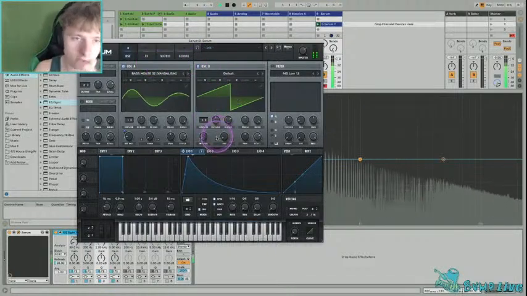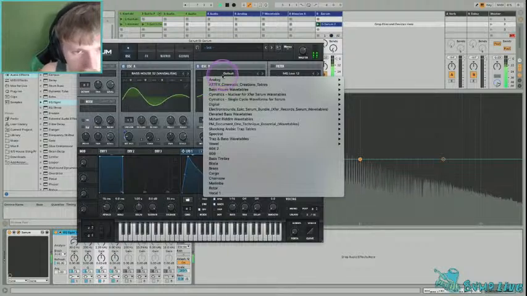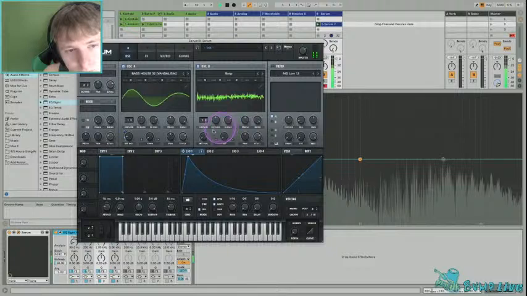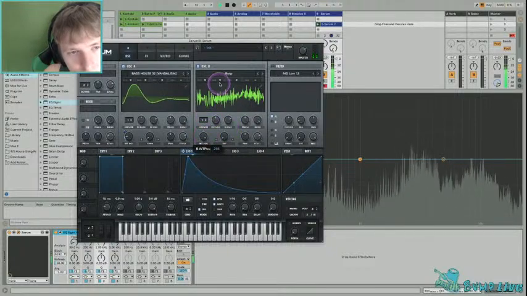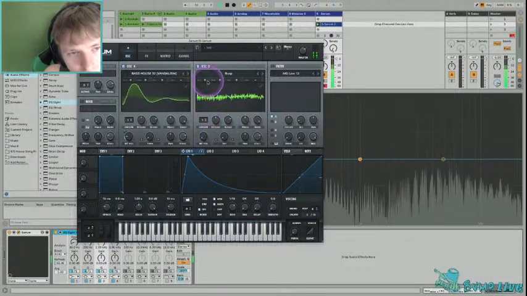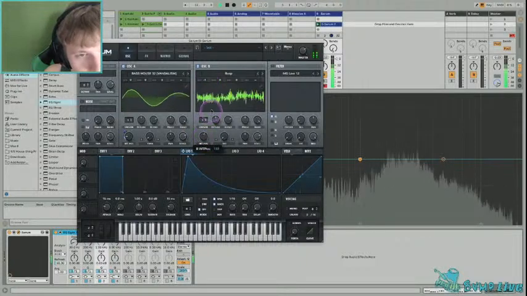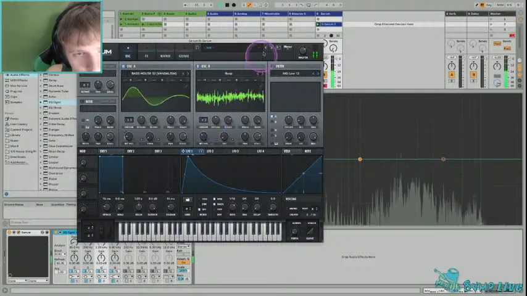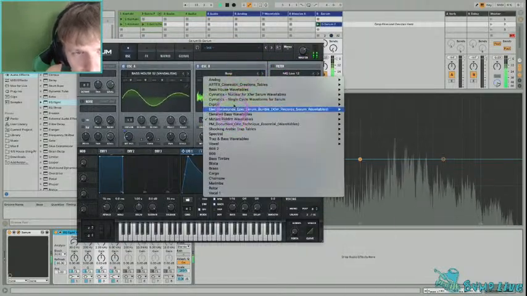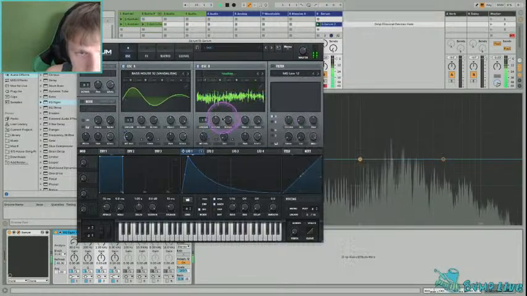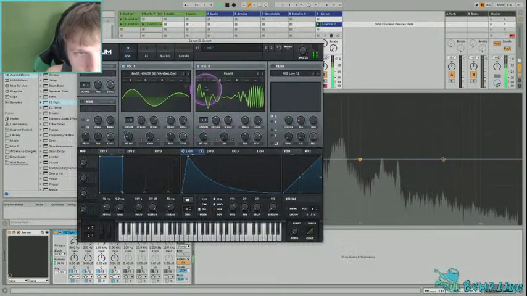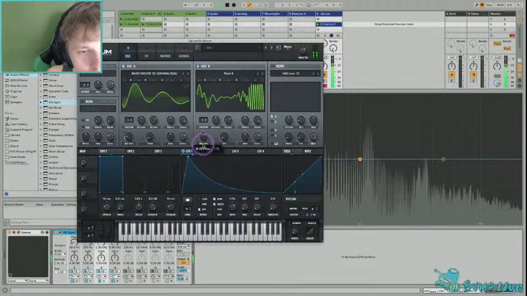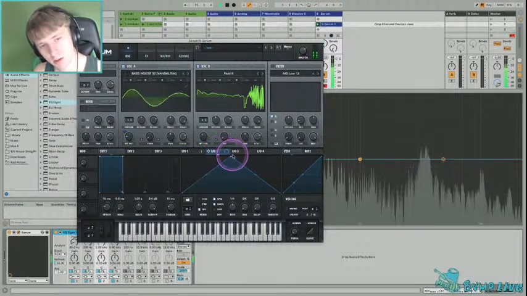I'll maybe lower it with another one, or combine it with another oscillator. It's too rough. Ooh, that's nice.